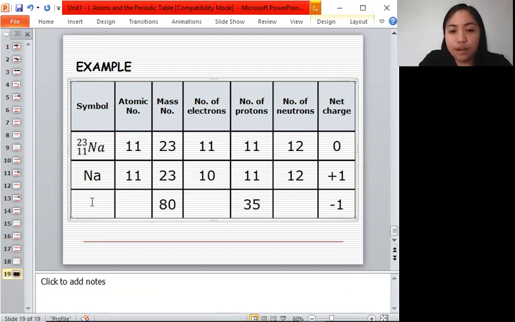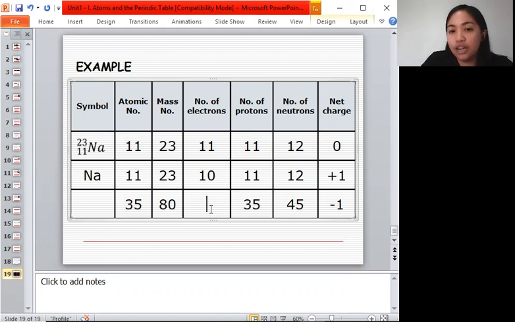Okay, so sa third example na to is kanilang ang given, may charge, protons, and atomic and mass number. So atong atomic number is 35. Okay, same man sila sa protons. But ang atoang mass number is unsaon man pagkuha atong neutrons, diba? Minus lang ang mass number sa protons, and that is 45.